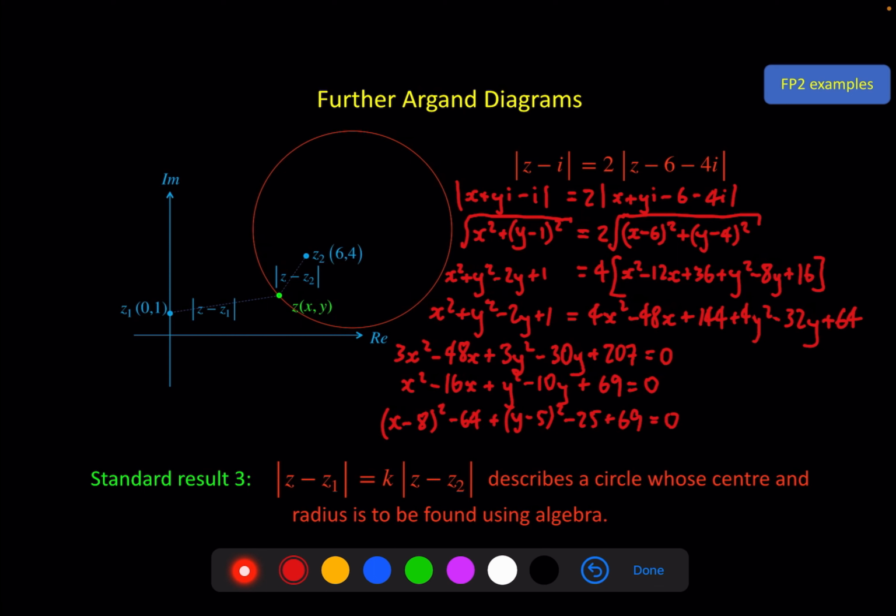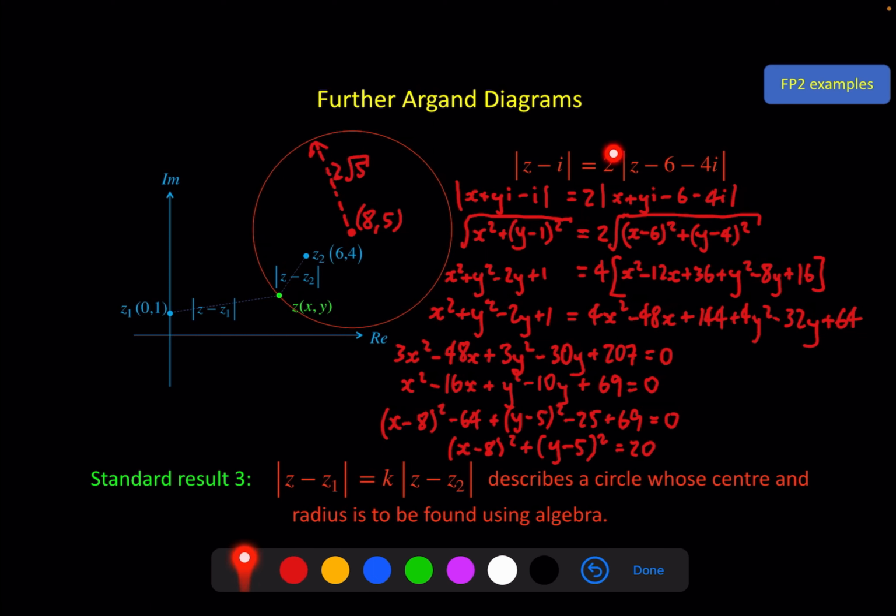And rearrange it to the usual format. Which gives us a circle with center 8, 5 and a radius of square root 20 or 2 root 5.